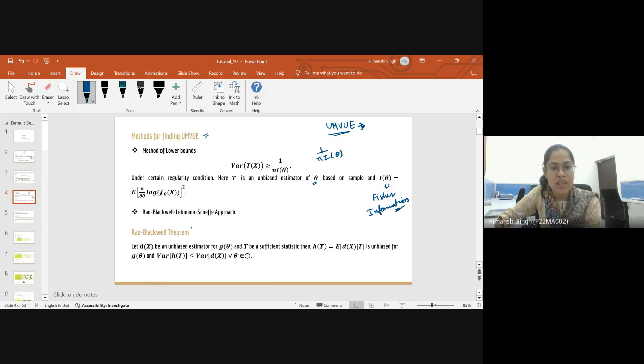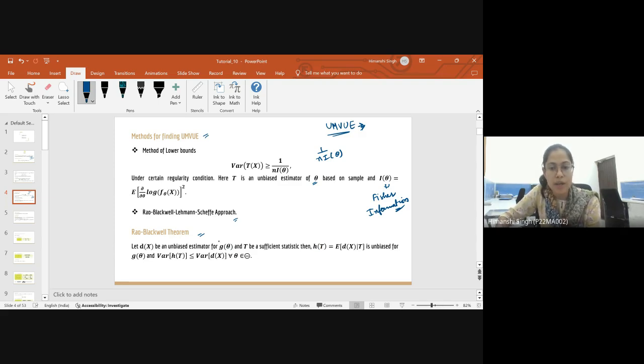Now another method is the Rao-Blackwell Lehmann-Scheffe approach, which I will be discussing. First of all, there is the Rao-Blackwell theorem. What it says is, if I have an unbiased estimator of g(theta), that is d(x), and T is the sufficient statistic, then with the help of this sufficient statistic I can construct another estimator of g(theta) which has less variance.